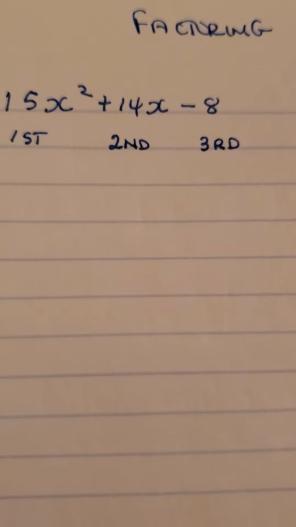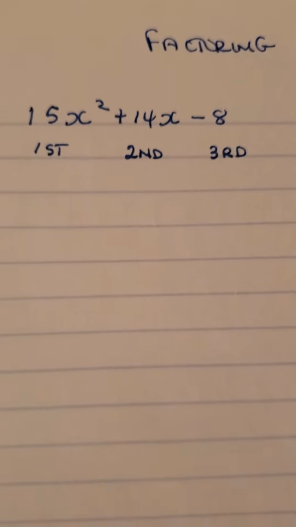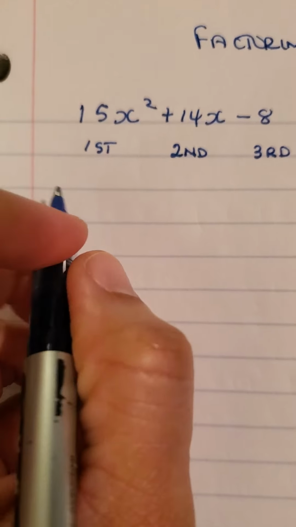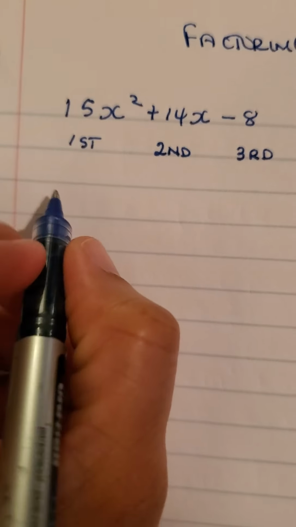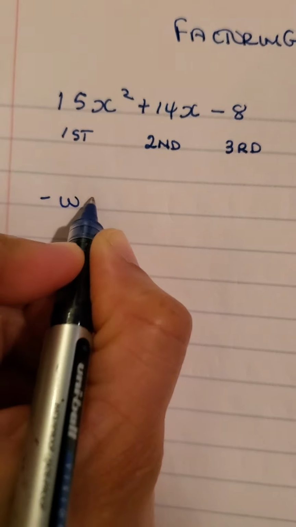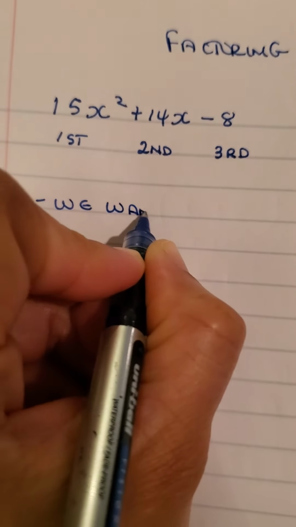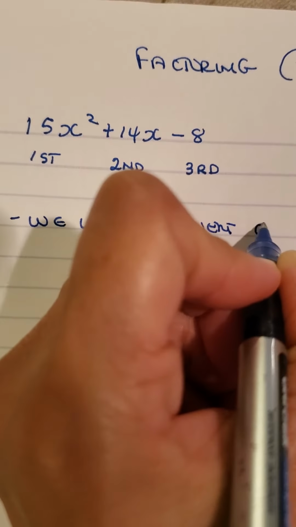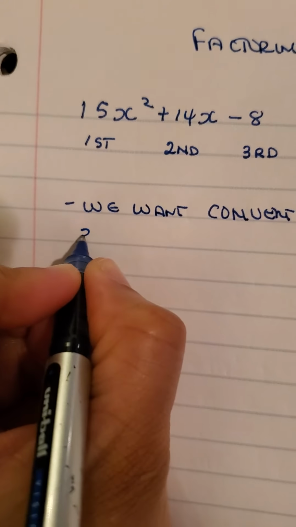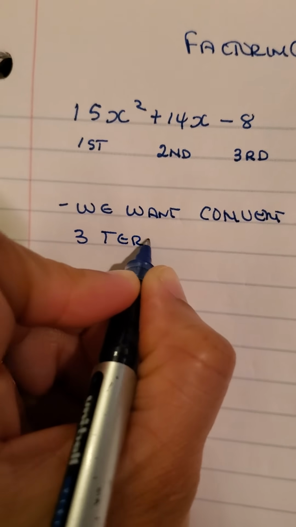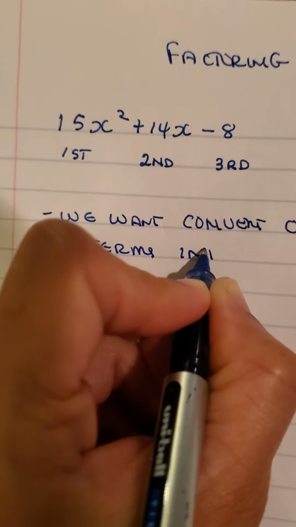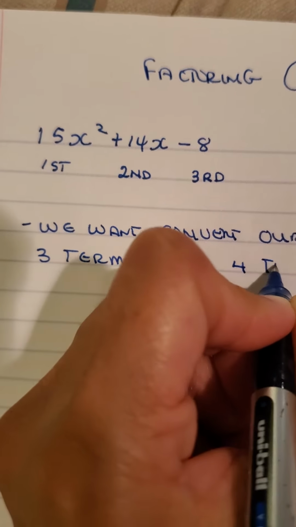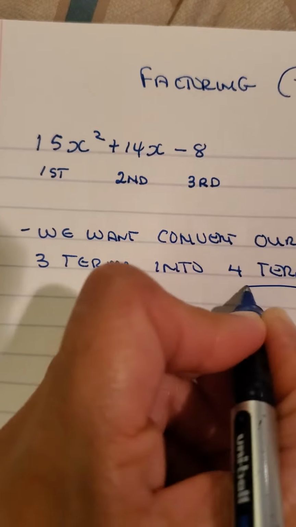Now, when factoring a trinomial, the first thing we want to do is convert our three terms into four terms. And why is that?